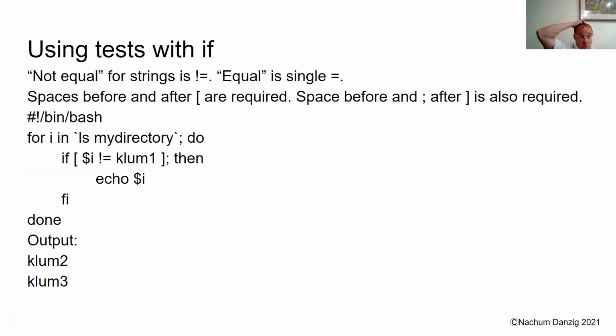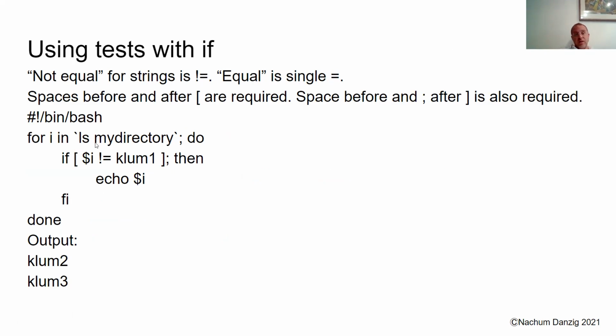Okay. What about using tests with if? So not equal, we saw this before, actually, I think. Not equal for strings is the exclamation mark followed by an equals. That's not equals for strings. And equals is a single equal sign, but with spaces, you see.